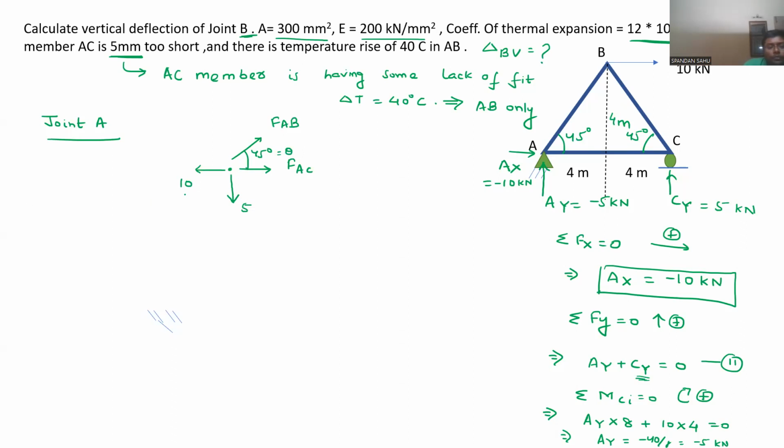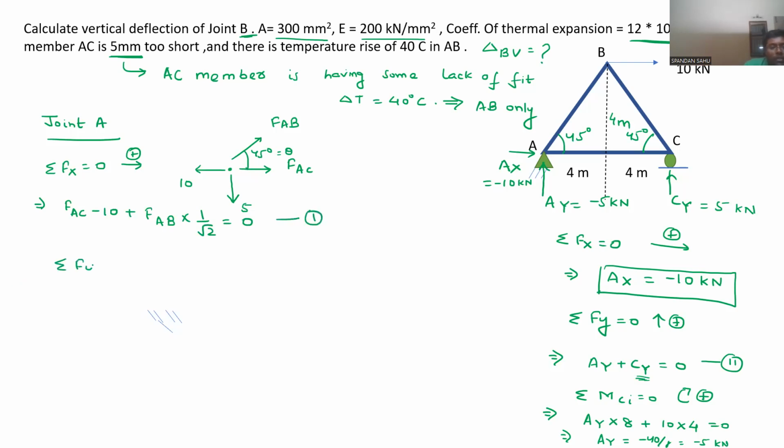Now let us do summation of Fx equal to 0 again, and this direction I am taking to be positive for Fx. So FAC minus 10 plus FAB cos 45 degree, that is 1 by root 2, equal to 0. Let this be equation 1.